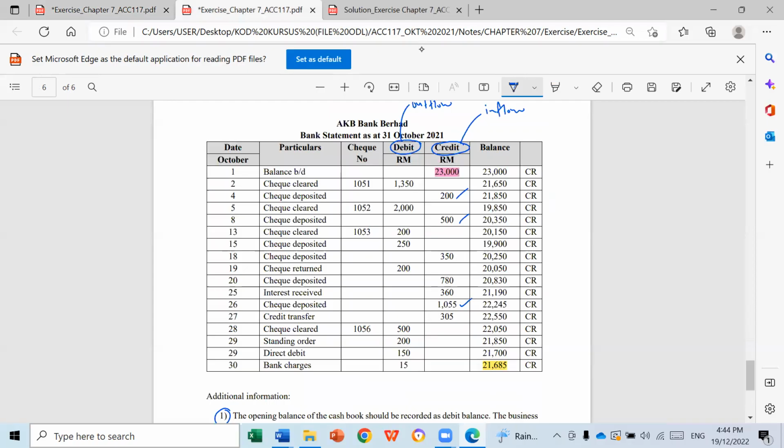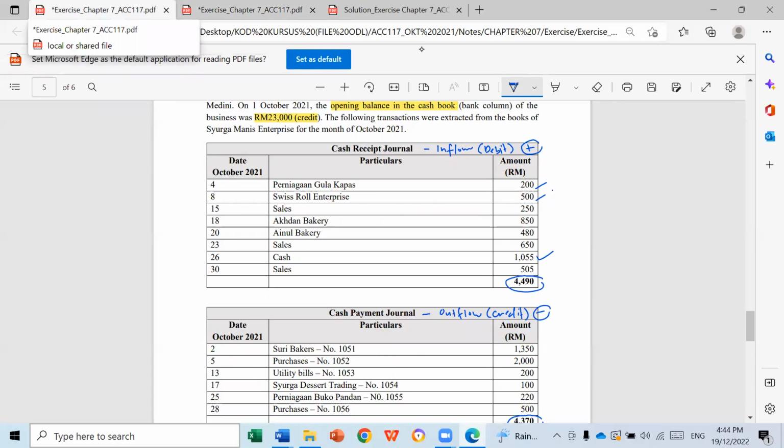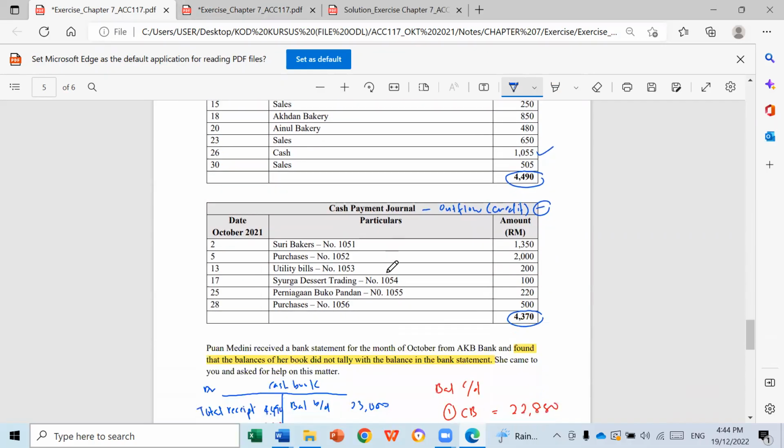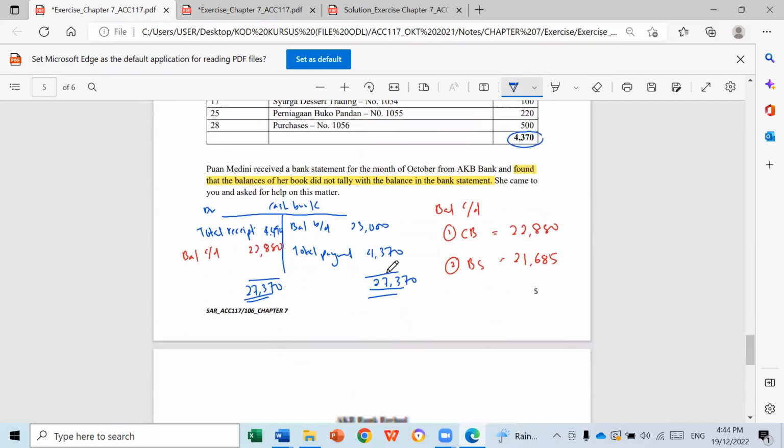No, we don't have that either. So we are going to highlight those items that are recorded in the cash book but not recorded in the bank statement. However, we have to look carefully whether there is also an error or not.